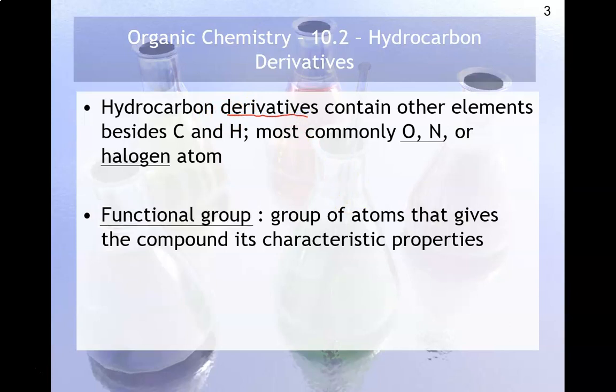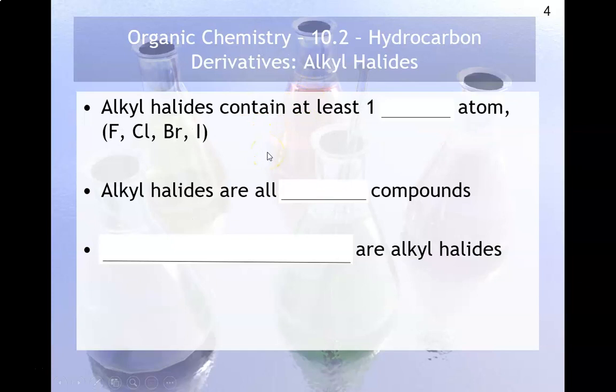Typically, other than the hydrocarbon, this little feature with the oxygen, nitrogen, or halogen is known as the functional group, and it gives the unique properties of that particular compound. So alkyl halides contain at least one halogen atom.